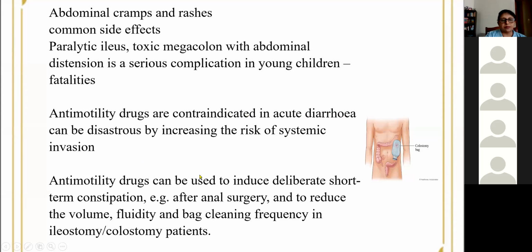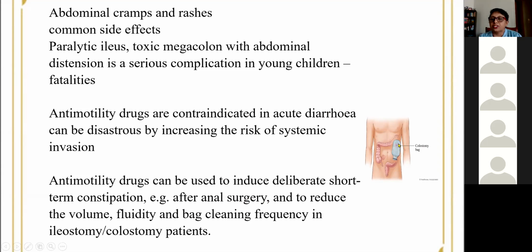But they can be used to induce short-term constipation, especially after anal surgery. If there is surgery for the anus, we have to control it, isn't it? And to reduce the volume, fluidity, and frequency of stools in colostomy. Suppose there is a carcinoma of the rectum, this part will be removed because of the cancer, and they will give only a colostomy.